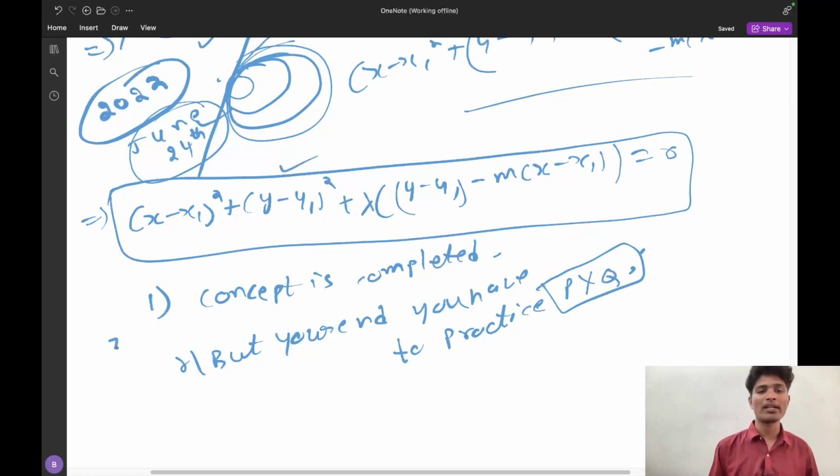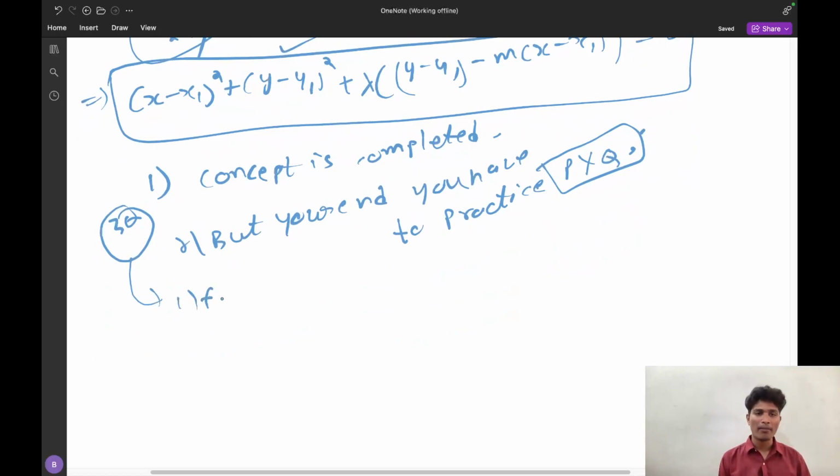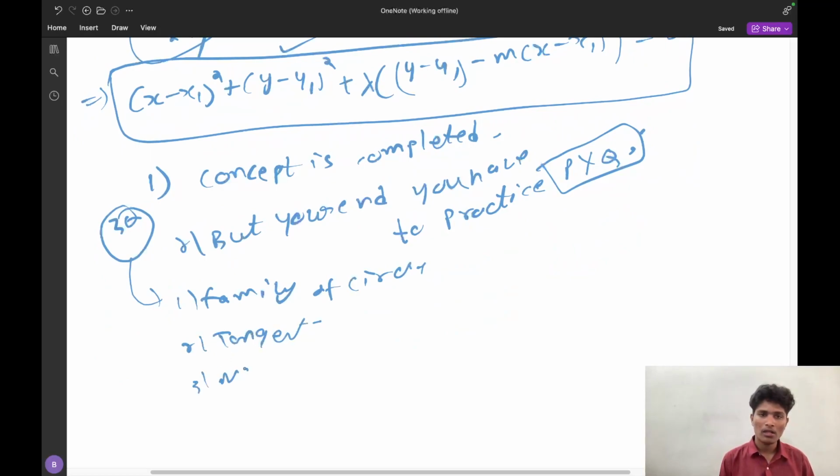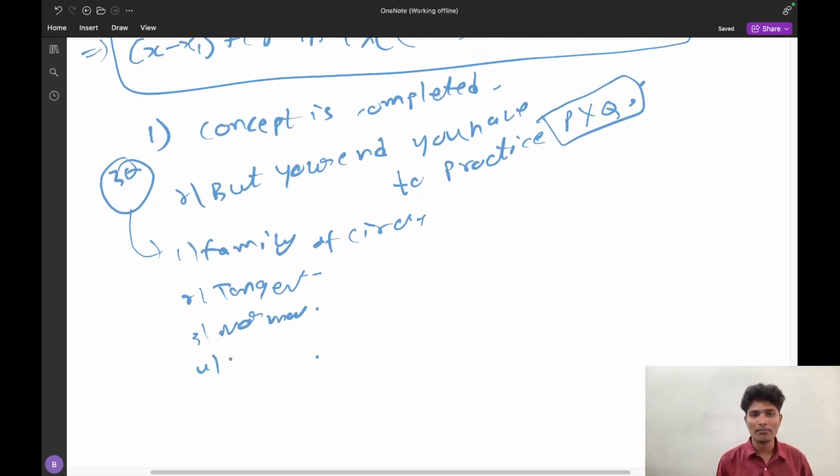You can practice around 30 questions only, but practice the important concepts like family of circles, tangent and normal, and the basic circle formulas, that is, the different forms of a circle.